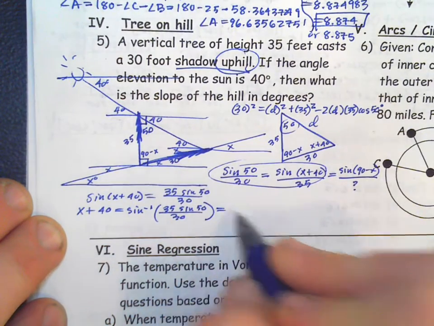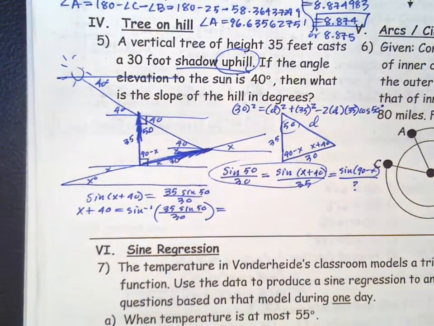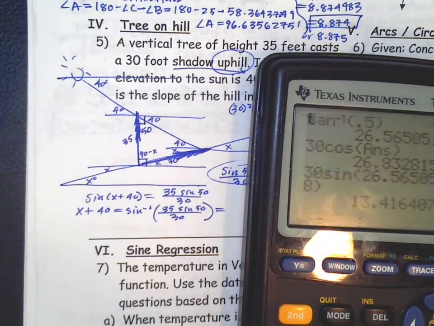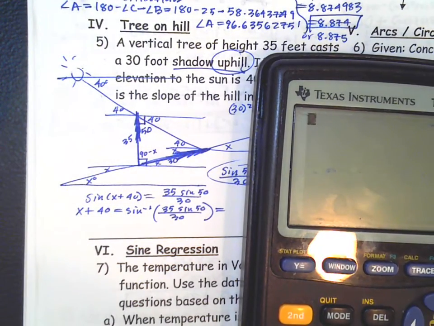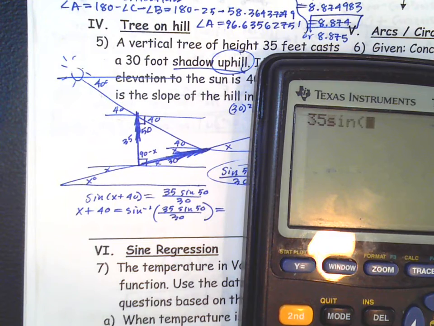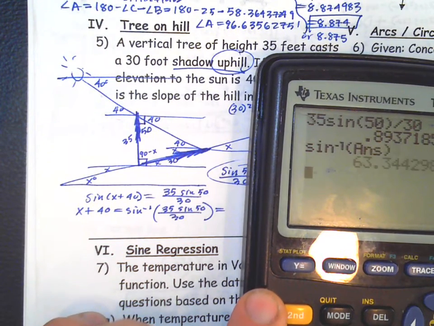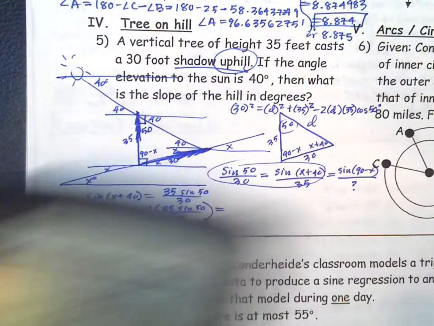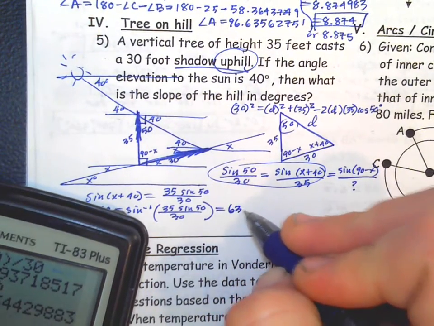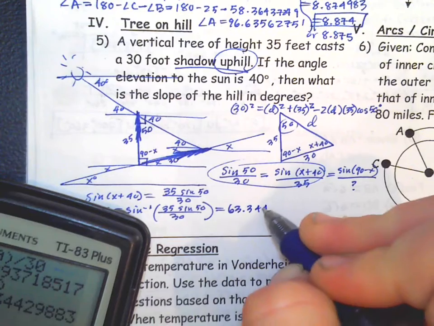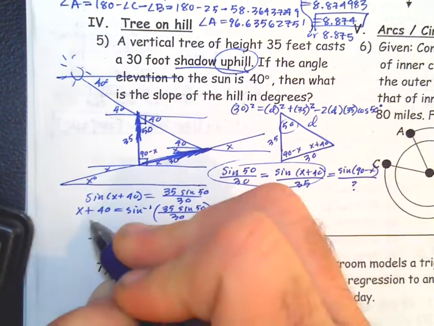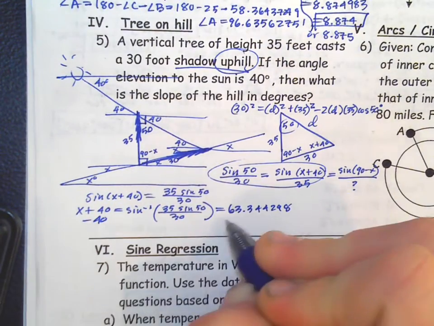And that's going to equal, let's see, 35 sine 50 divided by 30. Inverse sine of that, we get 63.344298. And then we're going to subtract 40 to get the actual angle.